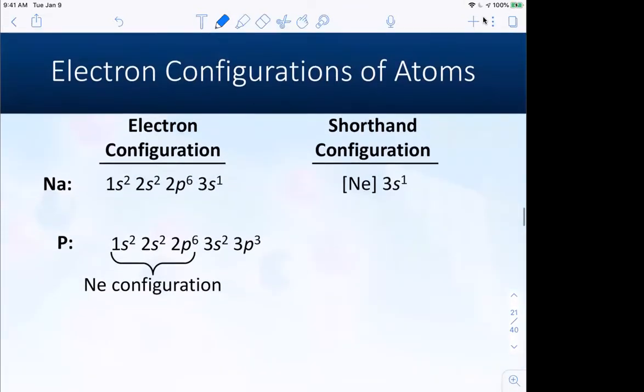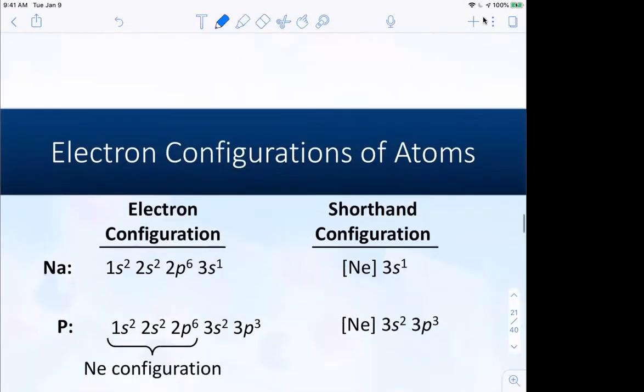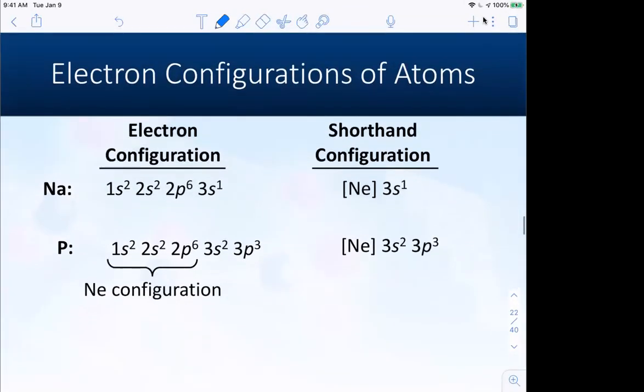This is valid for any element. So if I look at phosphorus, which has the electron configuration 1s2, 2s2, 2p6, right? Again, this is the electron configuration of neon. This is the row that I'm filling. So when I look at the shorthand, I'm going to use the same thing.